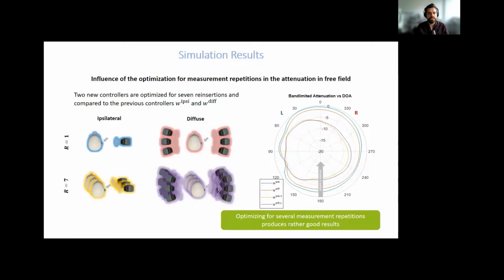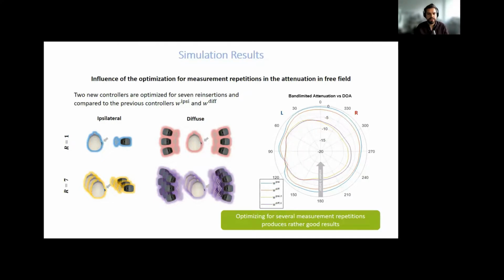In a third experiment, we evaluated the influence of the simultaneous optimization for several measurement repetitions on the system's attenuation in free field. For this, 2 controllers were optimized for 7 measurement repetitions of the acoustic paths. Afterwards, the evaluation with the unseen case was repeated.